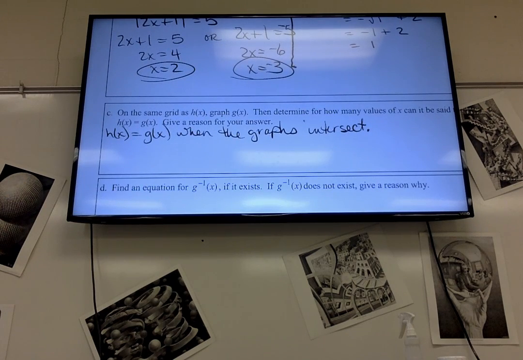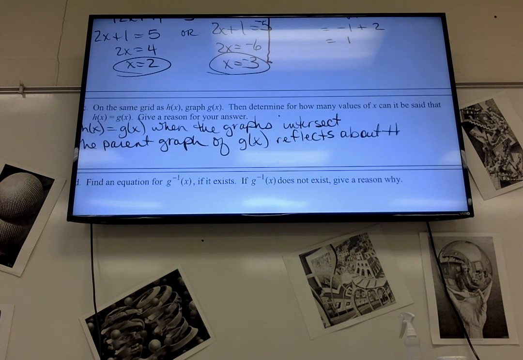So that negative means that the parent graph of g of x reflects about the x-axis.